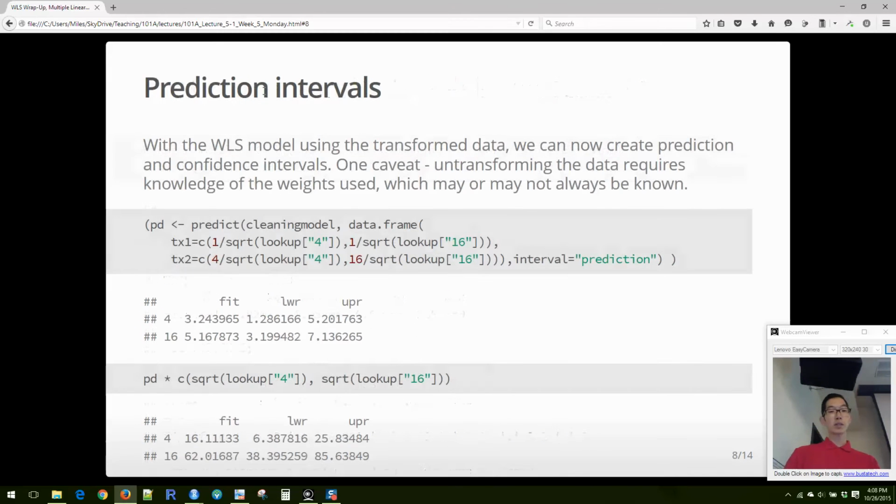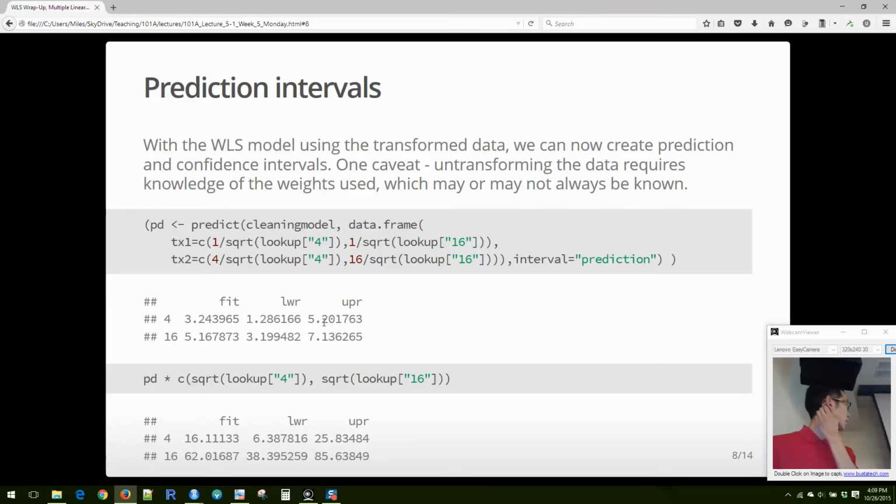Okay, and so with that in mind, we can create prediction and confidence intervals. When you create a prediction interval here, it's going to create it like this, but then to untransform it, you have to multiply it by the square root of w.